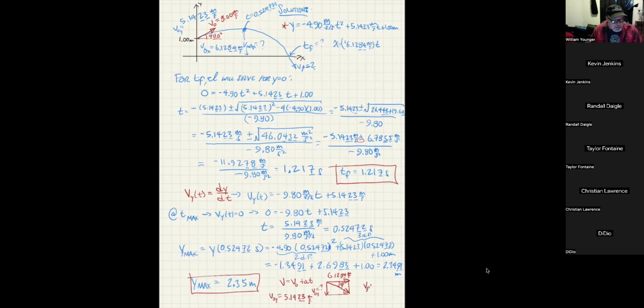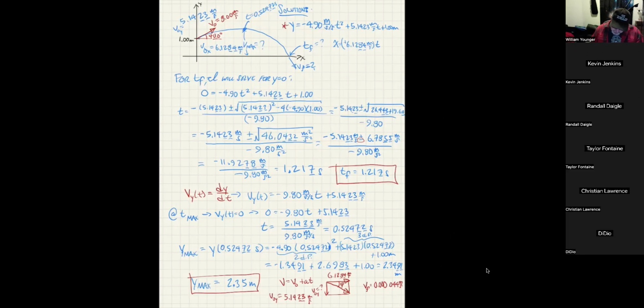It's 0.0000044 meters per second. So you can see it's really teeny. And in fact, the vast majority of the velocity is really just the horizontal.